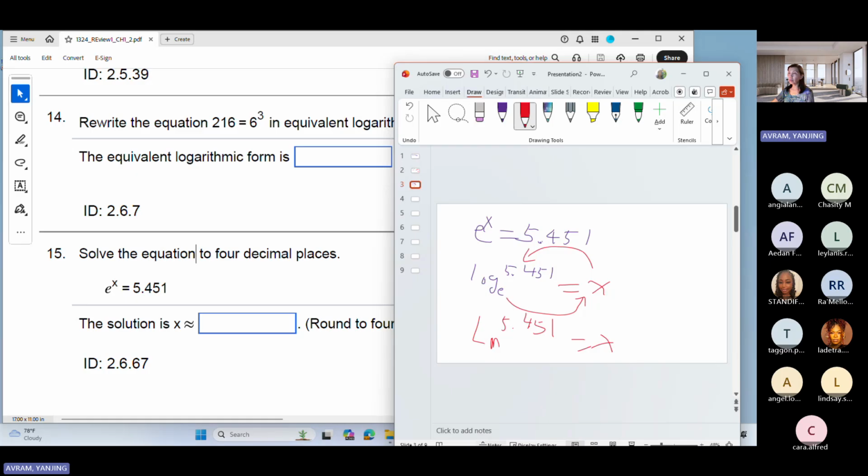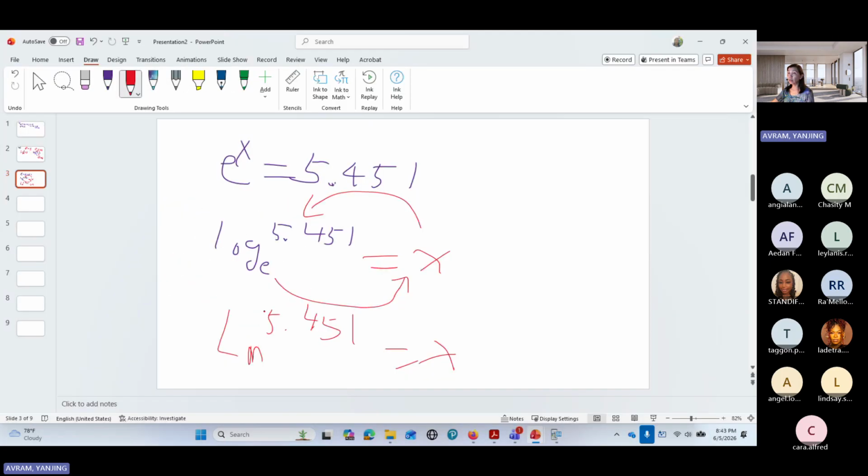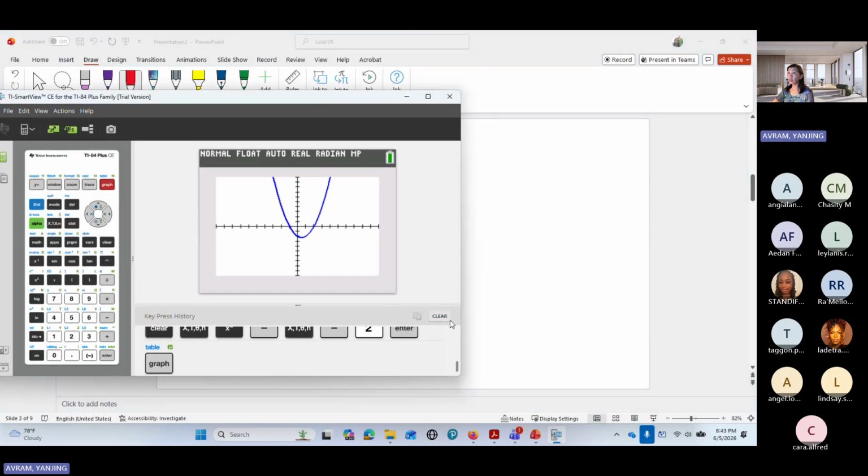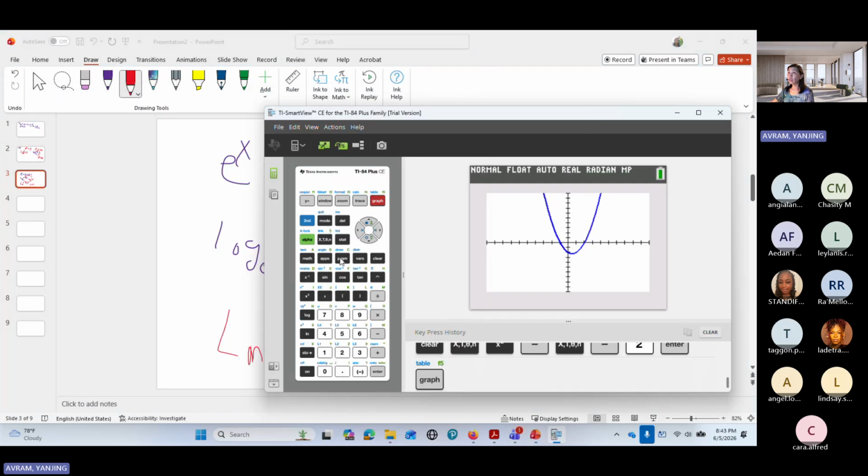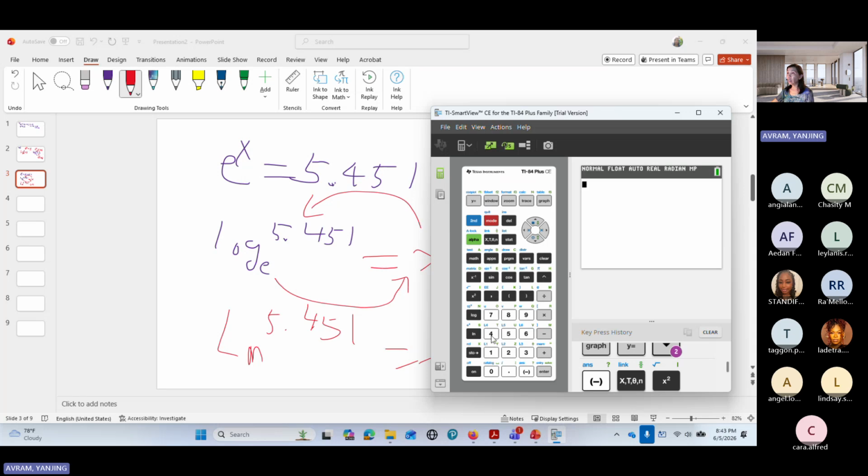Where do I find this? You can use the calculator. This one you definitely need a calculator to find. The ln here is base e. So this is just ln 5.451.